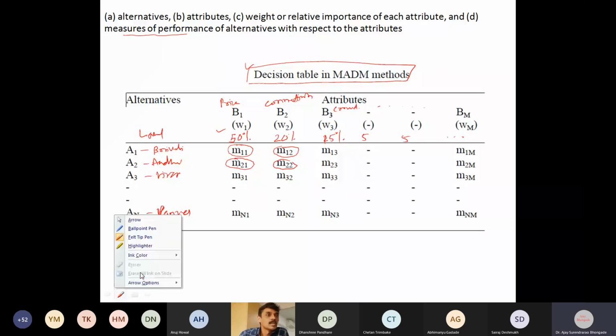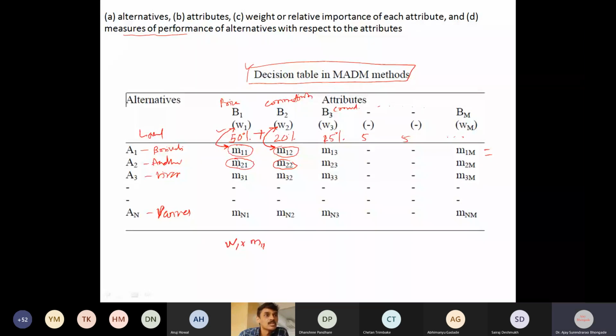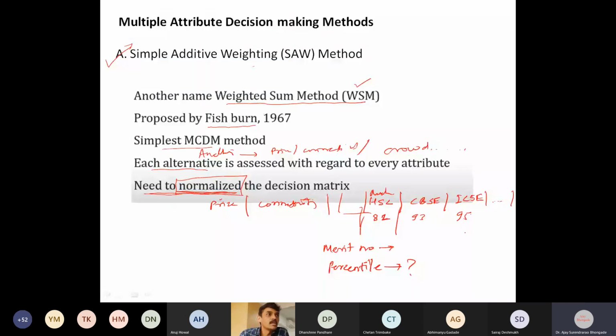So when you make the ranking, it will multiply W1 with M11 plus W2 with M12, and likewise it will go, and that total will be written here. That is the summation of W into M.